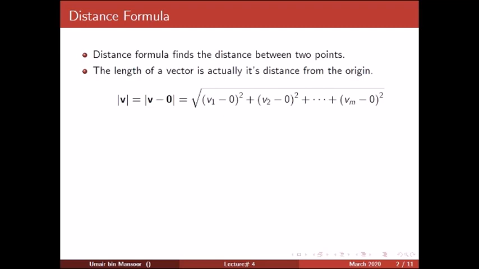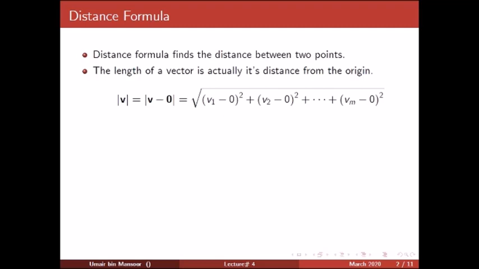The distance formula actually originated from the Pythagoras theorem, where you can find the length of the third side of a right triangle if the other two sides are given. So this formula gives you the length of a vector from the origin.